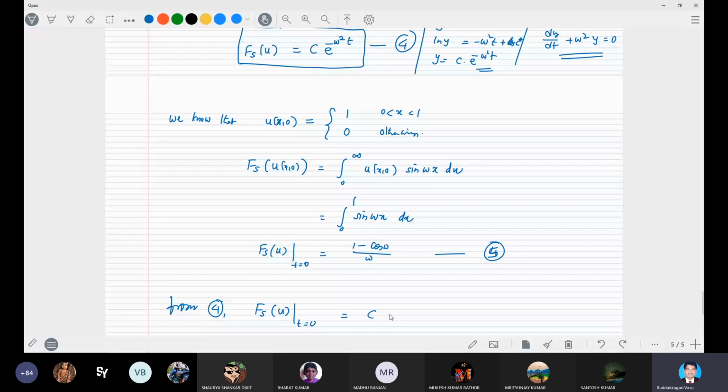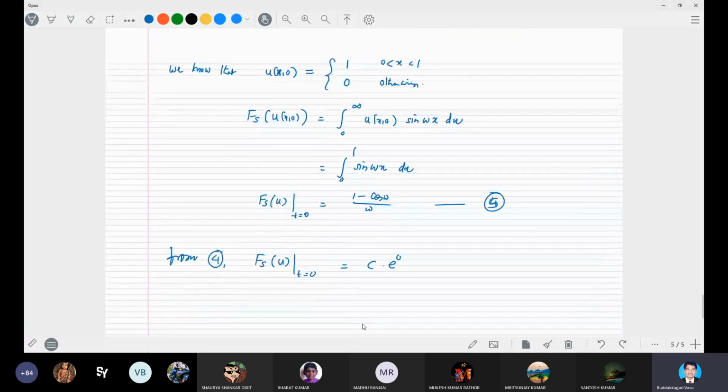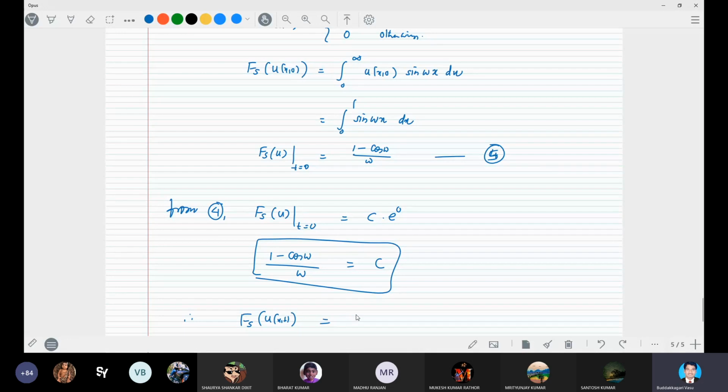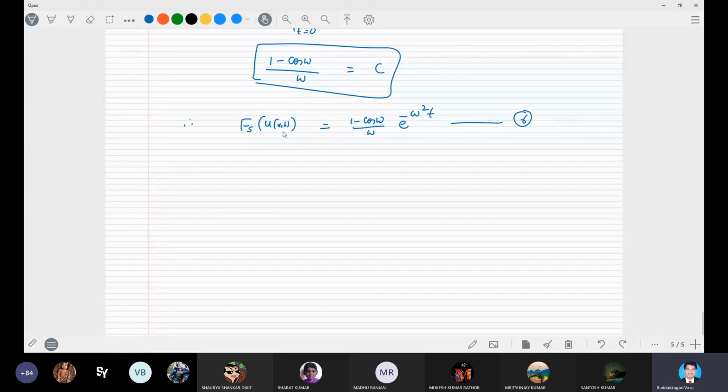So we have the value (1 minus cos ω) by ω is equal to c. Therefore, Fs u or u(x,t) is equal to, substituting the c value, (1 minus cos ω) by ω into e to the power minus ω² t, right? This is the Fourier sine transform of u.